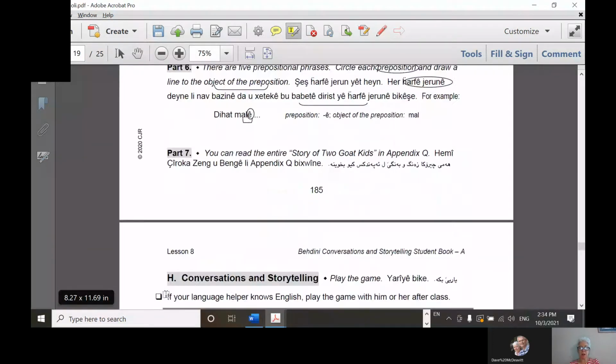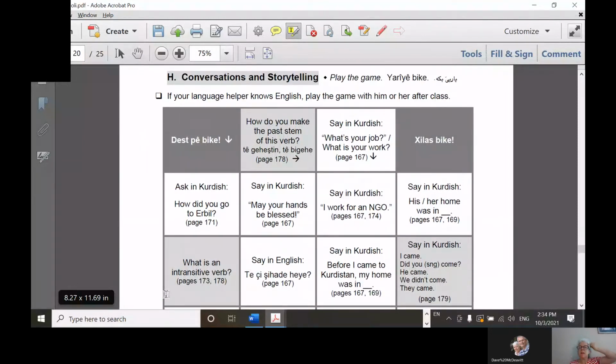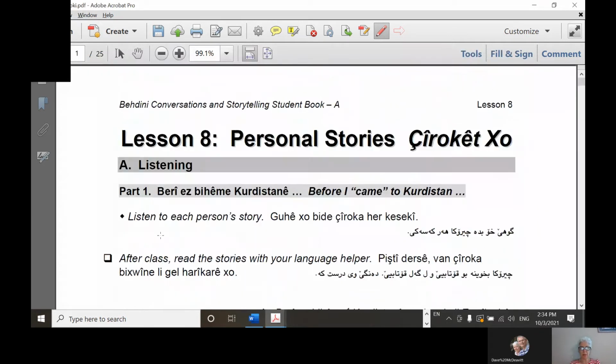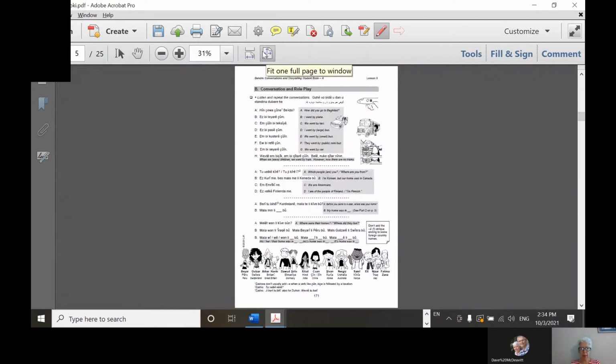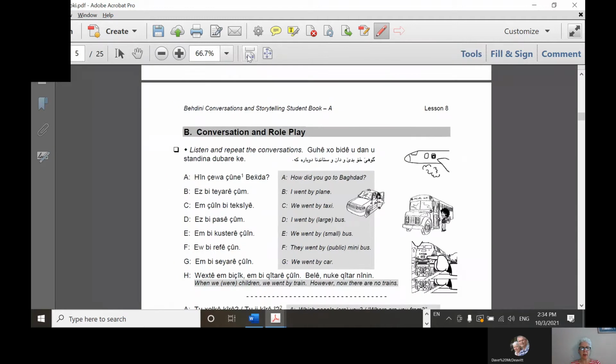Okay, so H on page 186. It's helpful if you can do this with somebody that can read Latin script. Okay, here we go. Ask in Kurdish, how did you go to Erbil? So we're going to look at 171. Let's find 171. How did you go to Erbil? Well, here's how you say, how did you go to Baghdad?